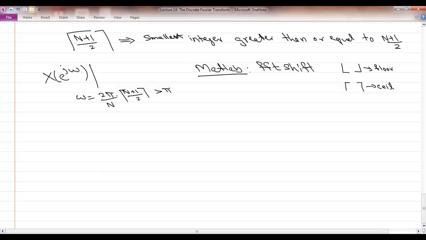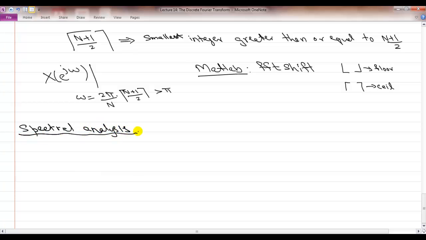But what we really want to talk about is that the DFT can be used to analyze the frequency content of continuous time signals. And for that, we need to actually be able to translate the DFT samples to the continuous time frequencies. That part is called spectral analysis, which we are not going to talk about in too much detail.